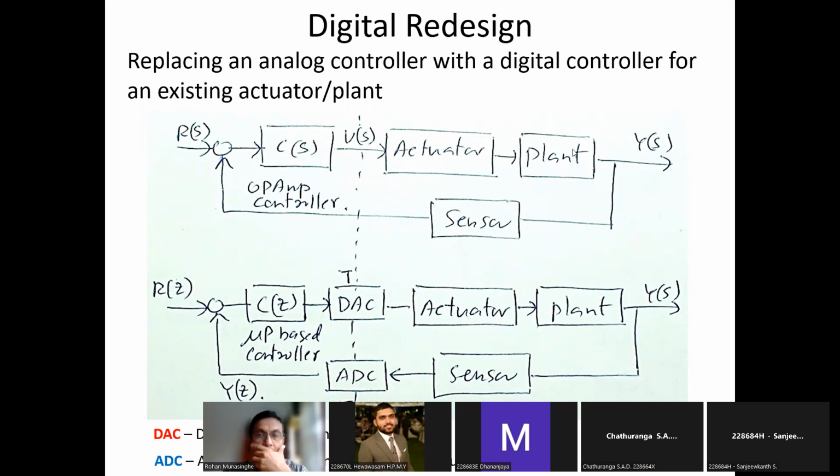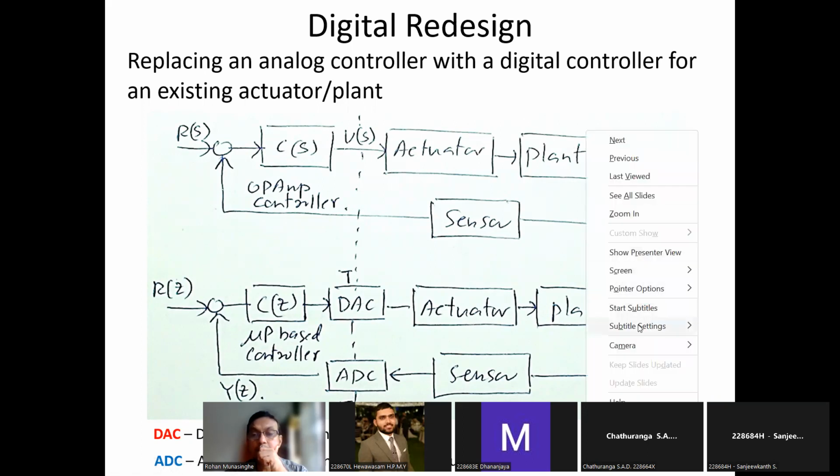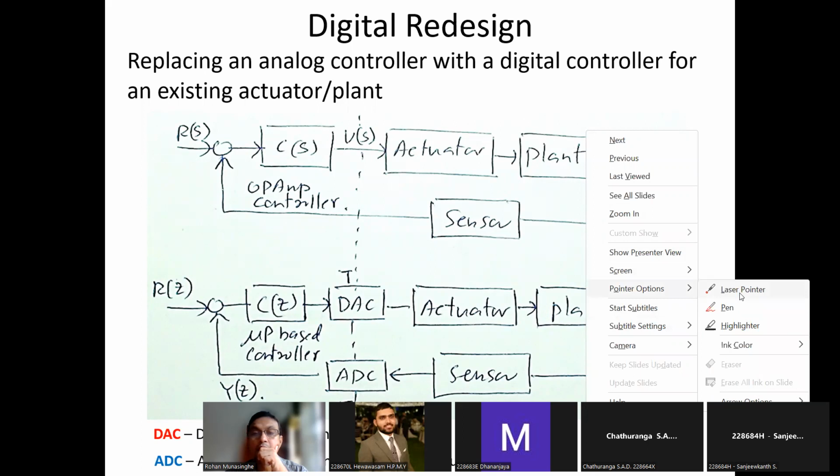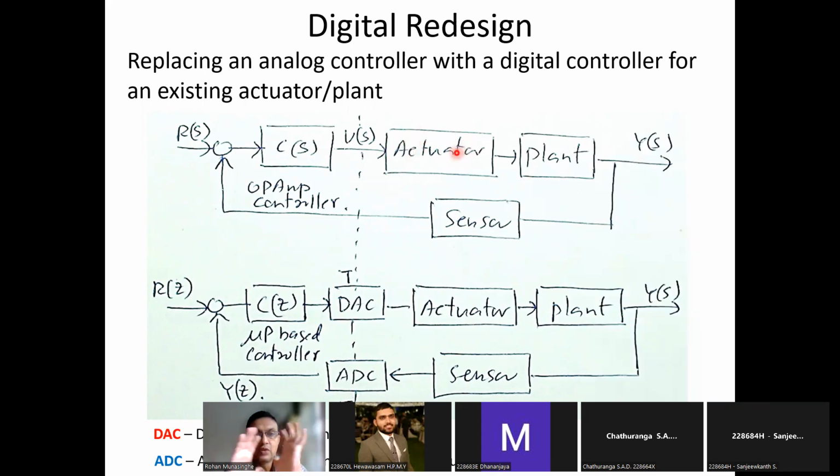The plant is controlled by an actuator, and always you have the controller before the actuator. Whenever you see a control system, sometimes you don't see the actuator because it is included as part of the plant itself. Then you have the controller over here.